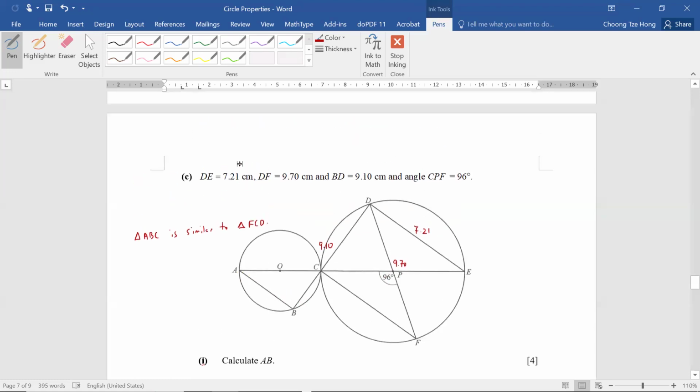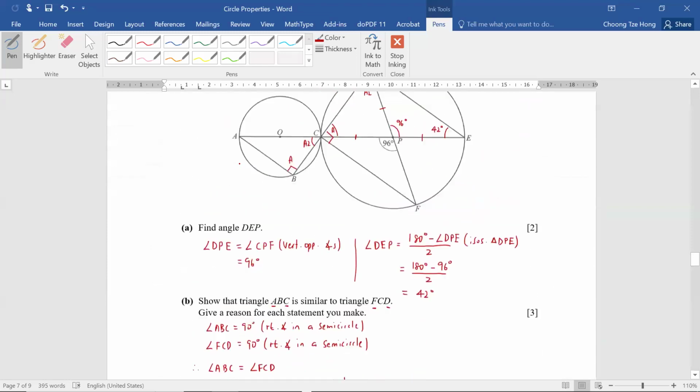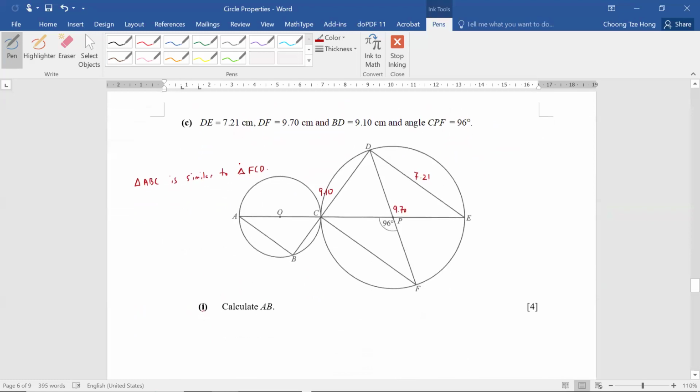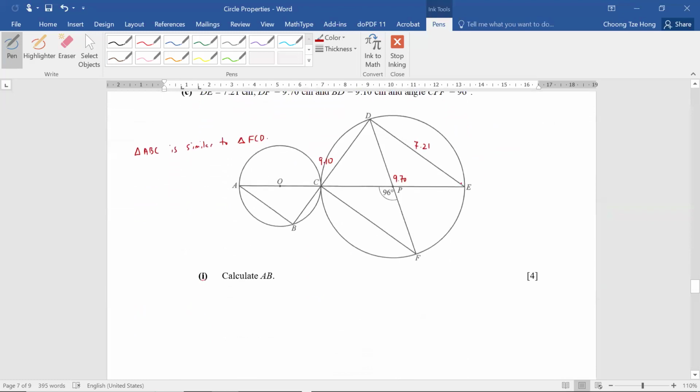At the same time, we also managed to find out that DEP is 42 degrees, so we'll fill it inside the diagram, 42. The fact that they ask you to prove similarity in the second part should be an indication that they want us to use this similarity to help solve this question.